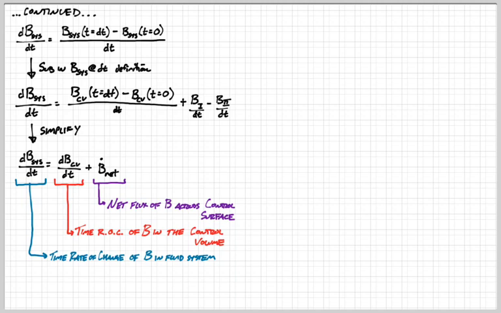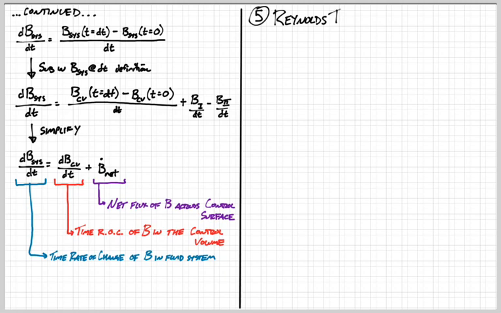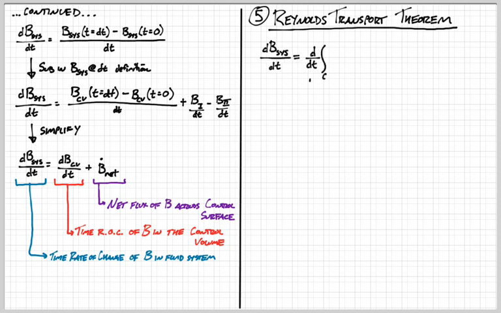If you're with me there, let's go one step farther, and we're going to formalize this into what's called Reynolds transport theorem. And it's going to have the exact same 3 terms here. The time rate of change of B in the system on the left-hand side, and underlined in blue, is equal to the time rate of change of B in your control volume, and added to that is the integrated flux across the control surface.